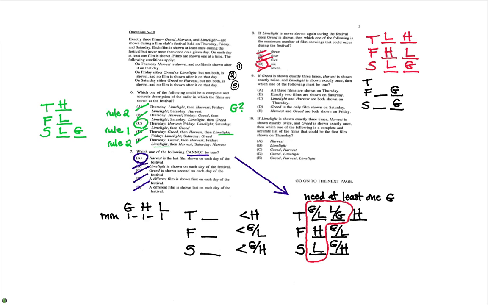Now, we know that harvest is being shown twice. Well, we know one is going to be Friday because the only other option is limelight, and since we have greed, limelight is out.